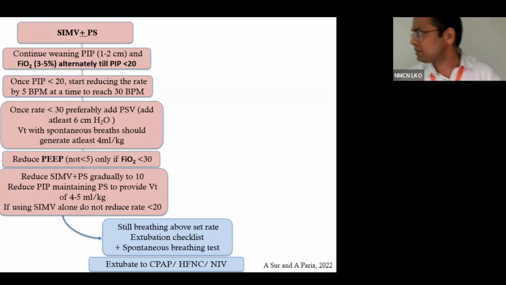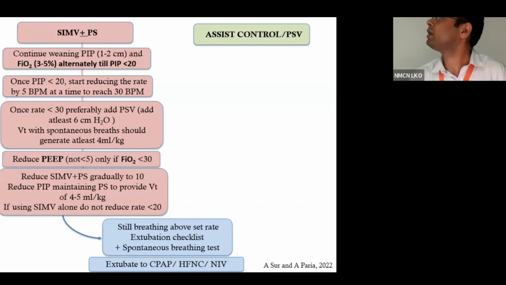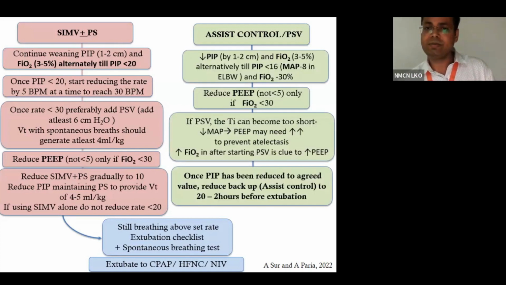But using the spontaneous breathing trial is controversial. It should not be used in every baby, especially extreme preterm babies, in whom it can do more harm. Once the checklist has been ticked, we can extubate the baby either to CPAP, HFNC, or non-invasive ventilation, NIPPV. If the child is on assist control ventilation, similarly we have to wean the PEEP and FiO2.